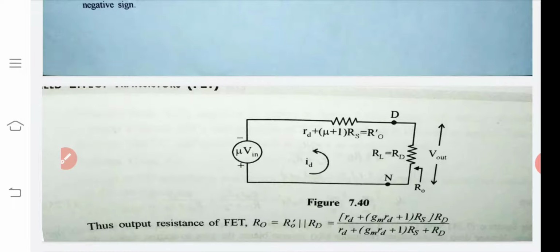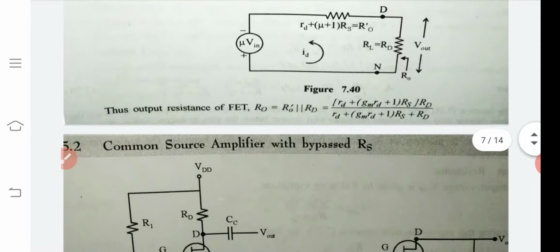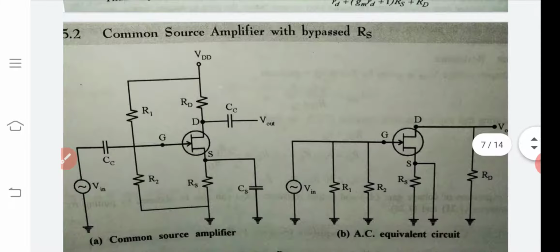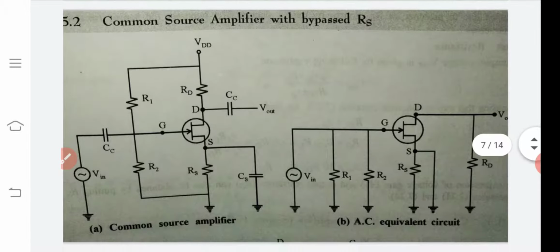If the source resistance is considered bypassed here, what is the voltage gain of the circuit? Common source amplifier with bypassed RS. The first circuit is unbypassed, the second is bypassed. When RS is bypassed with a capacitor, the voltage gain is different for the common source.